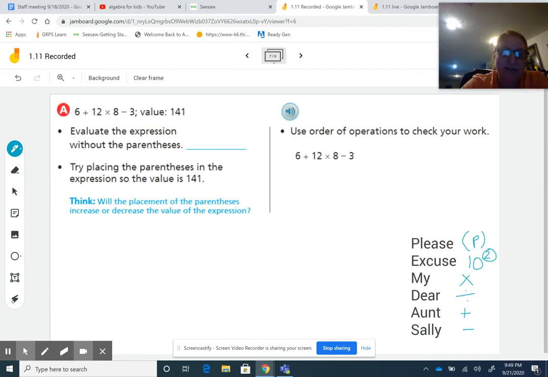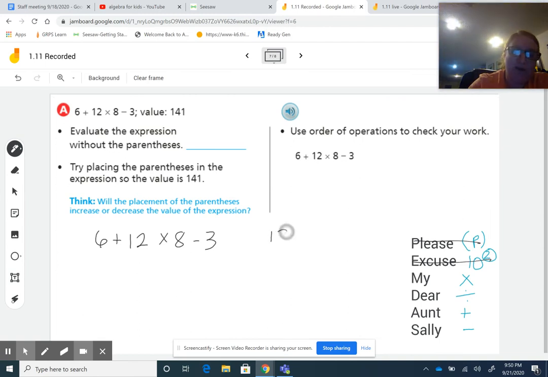So let's look at these. It says 6 plus 12 times 8 minus 3. Evaluate the expression without parentheses. So we're going to do it just like that. Let me rewrite it down here. 6 plus 12 times 8 minus 3. So without parentheses, we have no parentheses, we have no exponents, but we do have multiplication.